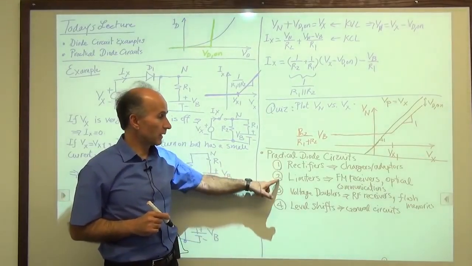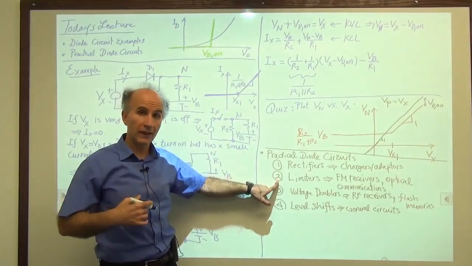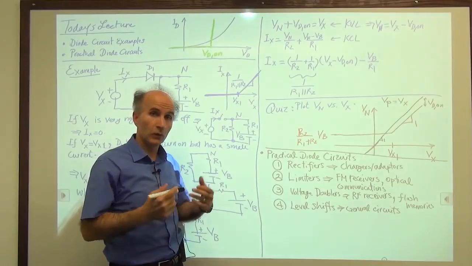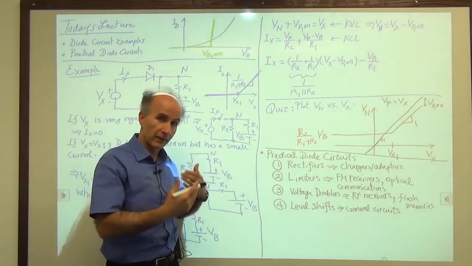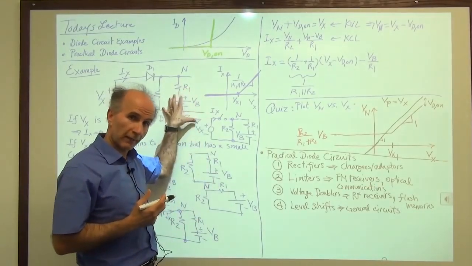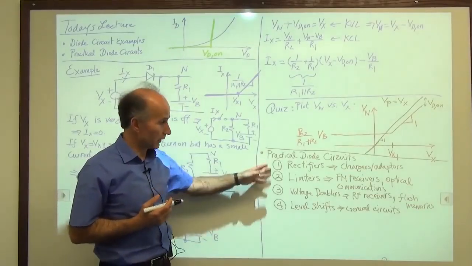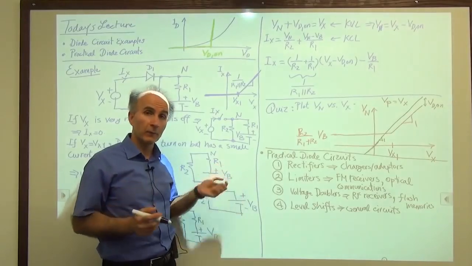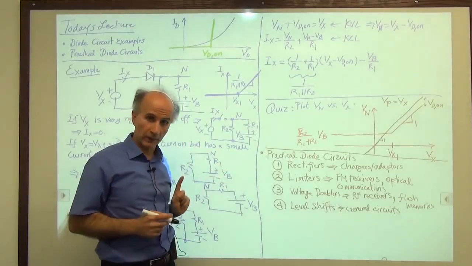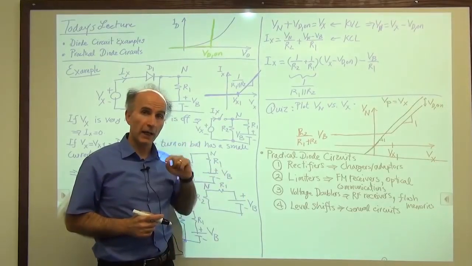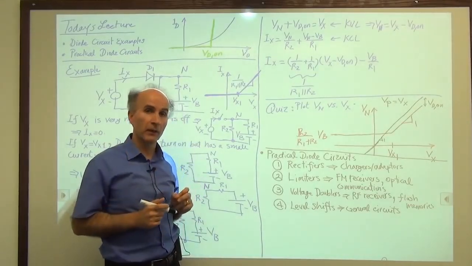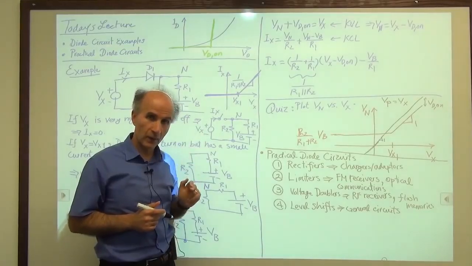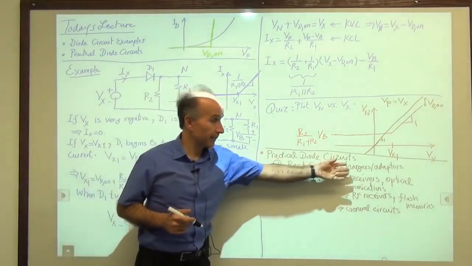As we study each of these, not only do we appreciate the application in which they are used, but we also hone our skills in analyzing diode circuits beyond what we have learned so far. So this is a very useful study. And these are just diodes. So you can see that by introducing one component into our library of components, beyond resistors and capacitors and inductors, suddenly we can serve so many applications.